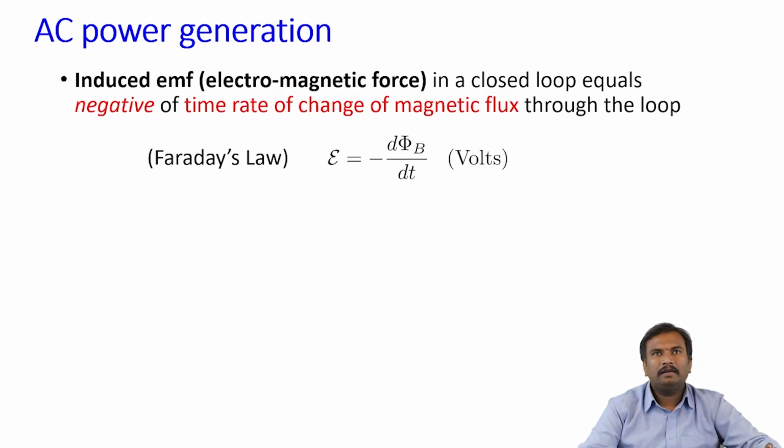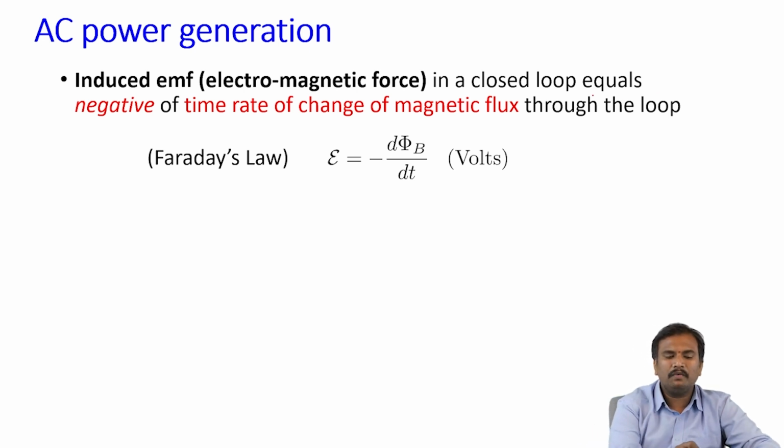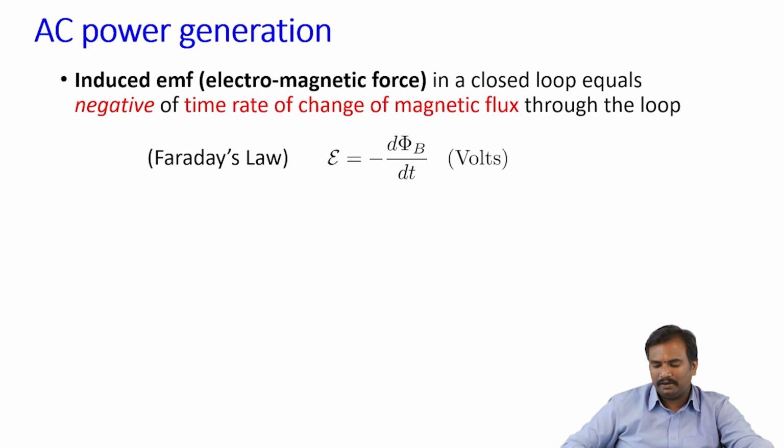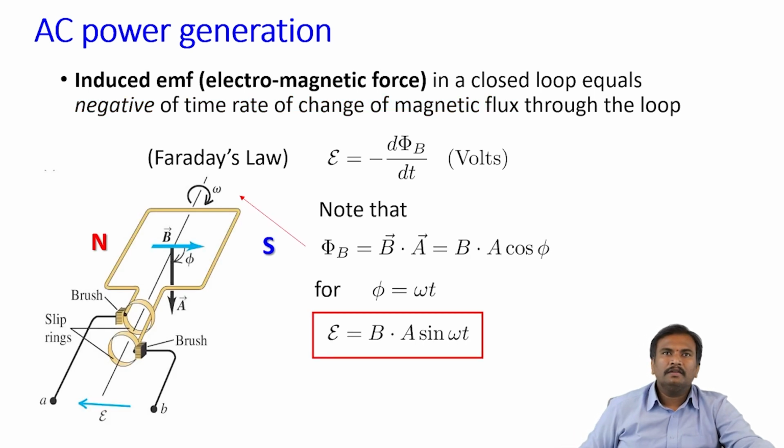The induced EMF in a closed loop equals the negative of the time rate of change of flux through the loop. From Faraday's law, E is equal to minus d phi by dt volts.